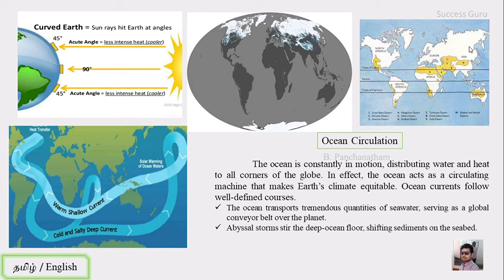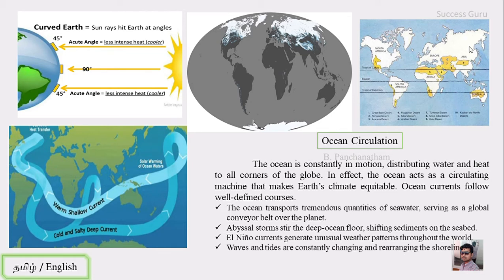Abyssal storms stir the deep oceanic floor, shifting sediments on the seabeds. The El Nino current generates unusual weather patterns throughout the world. The waves and tides are constantly changing and rearranging the shorelines. From that, you can understand how active the ocean is and how it is circulating.